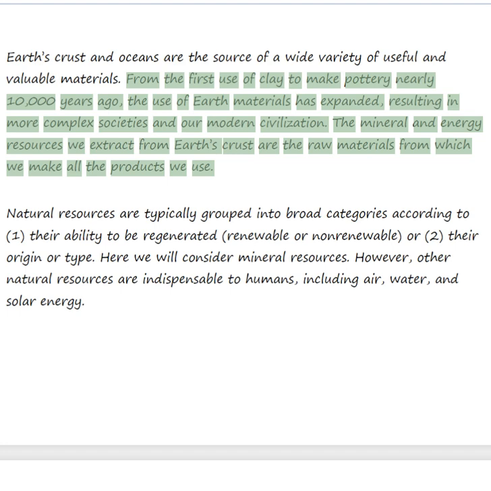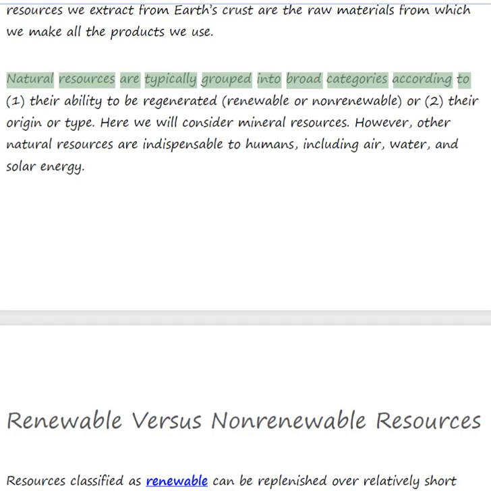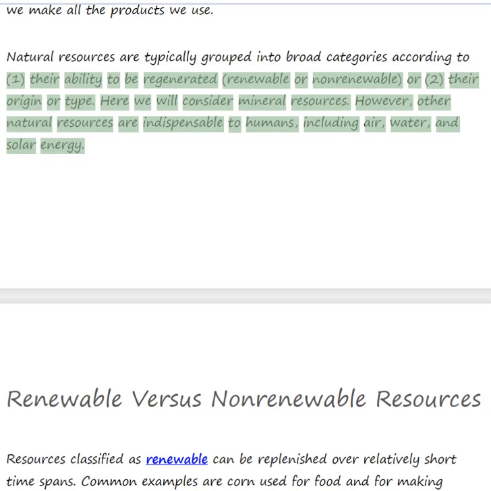The mineral and energy resources we extract from Earth's crust are the raw materials from which we make all the products we use. Natural resources are typically grouped into broad categories according to their ability to be regenerated or their origin or type. Here we will consider mineral resources.